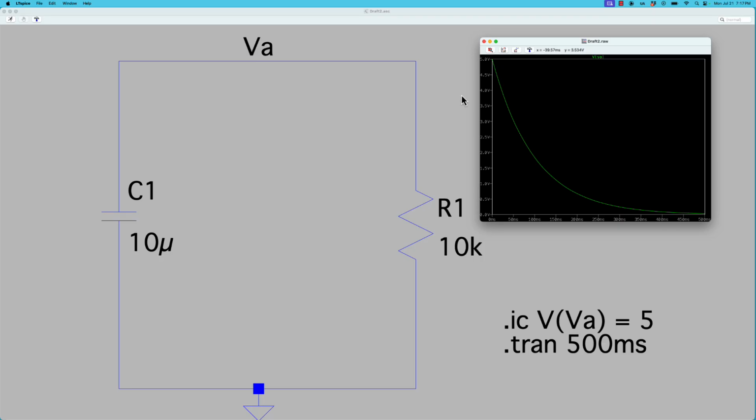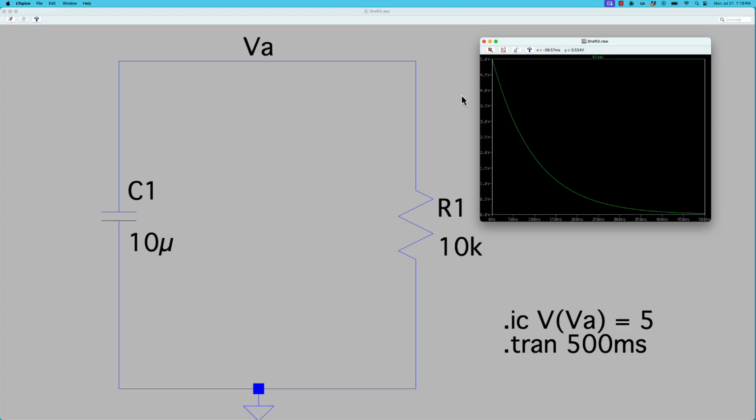This is the e to the negative t over RC. If t over RC, as time increases to infinity, the discharging circuit goes closer and closer to 0. Don't let it scare you.